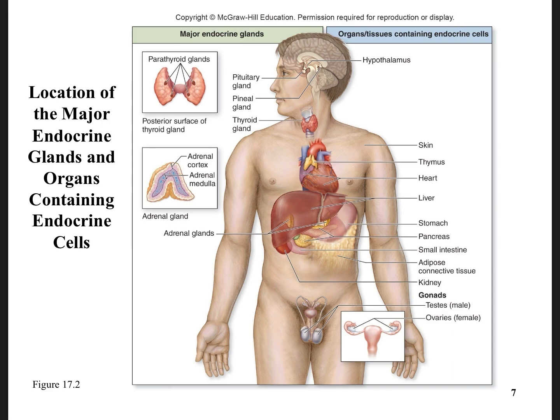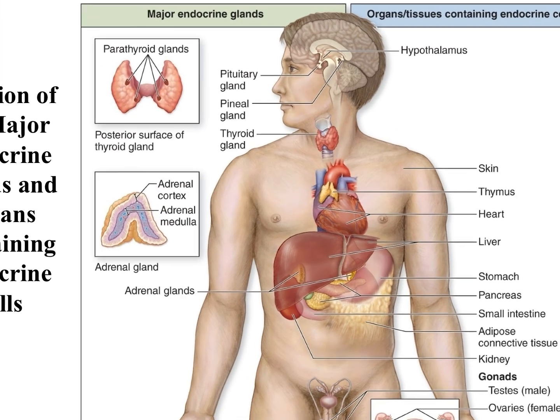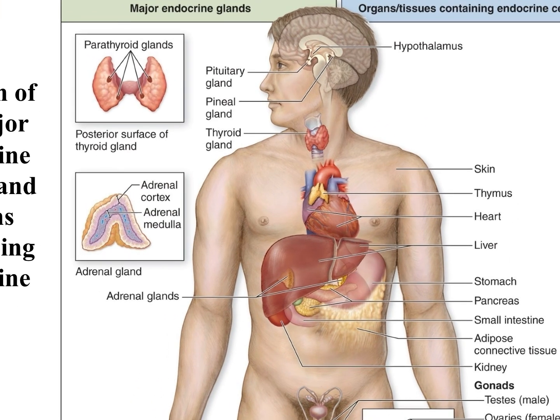So the major glands and organs of the endocrine system are found throughout the body, right? They're found in the brain as part of the hypothalamus and the pituitary, right? And here, this picture is putting the endocrine organs on one side, on the left, and organs that contain endocrine tissues on the right side.